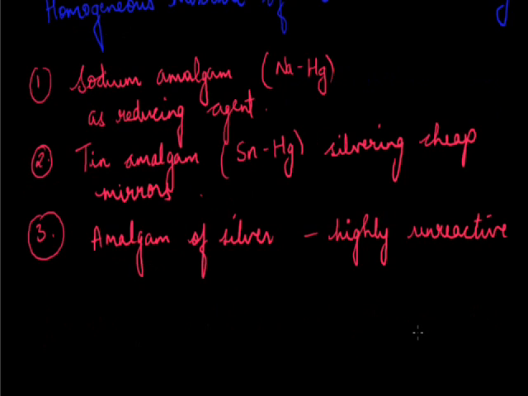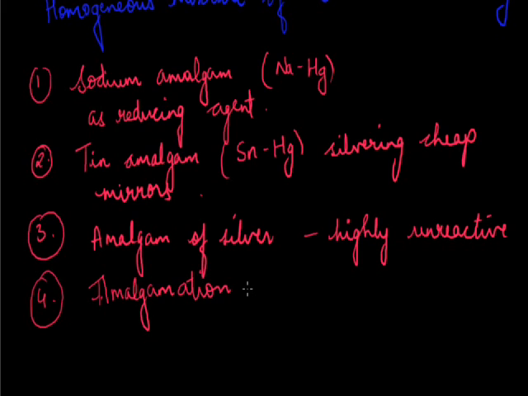Now amalgam is also used in the purification, or you can say it helps in the extraction, of native metals like gold and silver. This is the process of making amalgam.